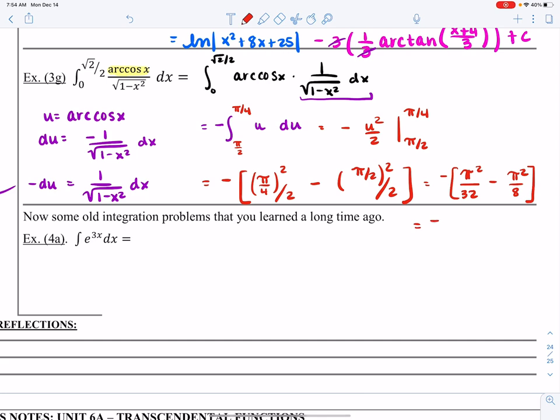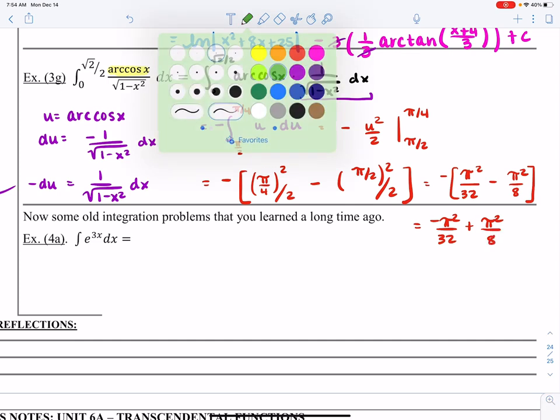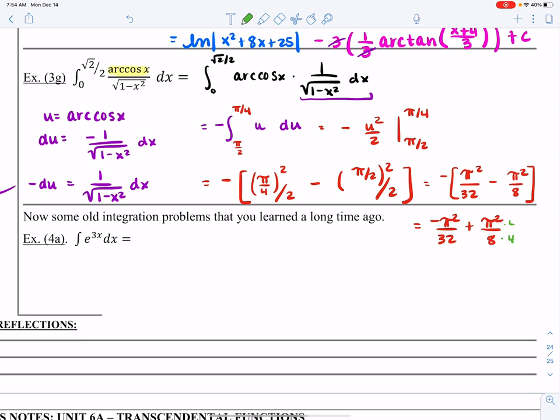And I've got negative pi squared over 32 plus pi squared over 8. Let's common denominator it. So let's multiply by 4, multiply by 4 for negative pi squared over 32 plus 4 pi squared over 32 for a final answer of 3 pi squareds over 32.